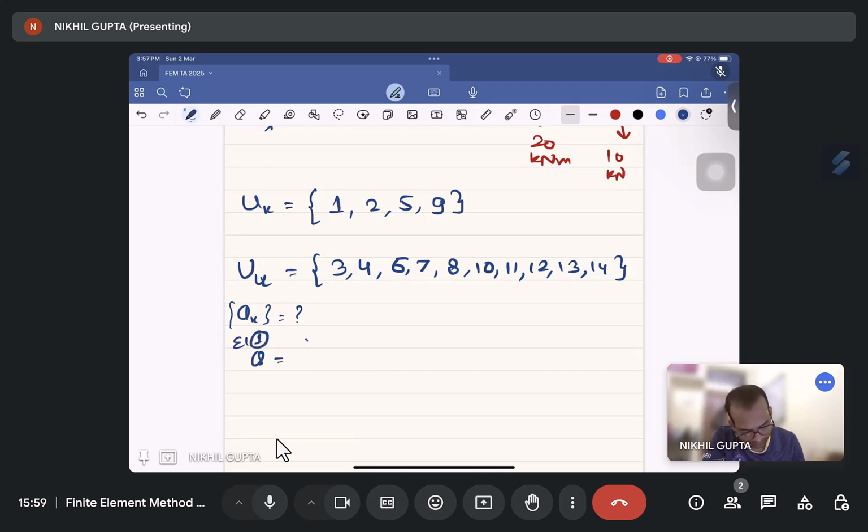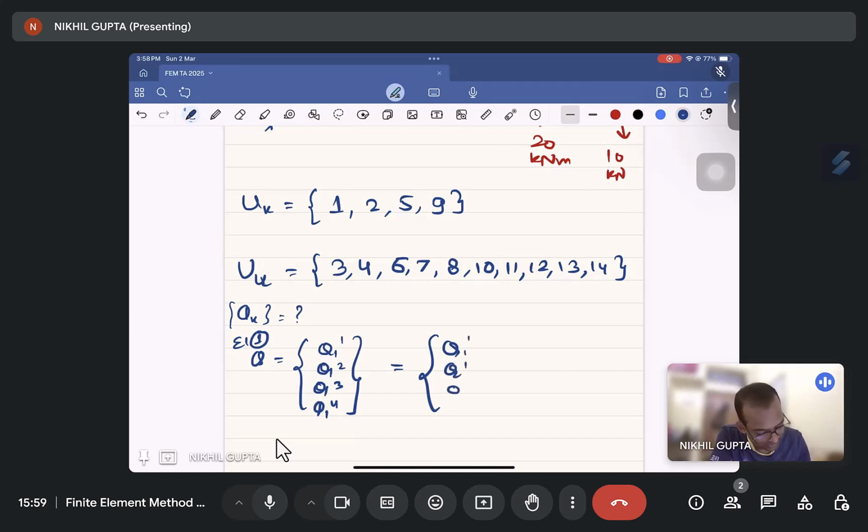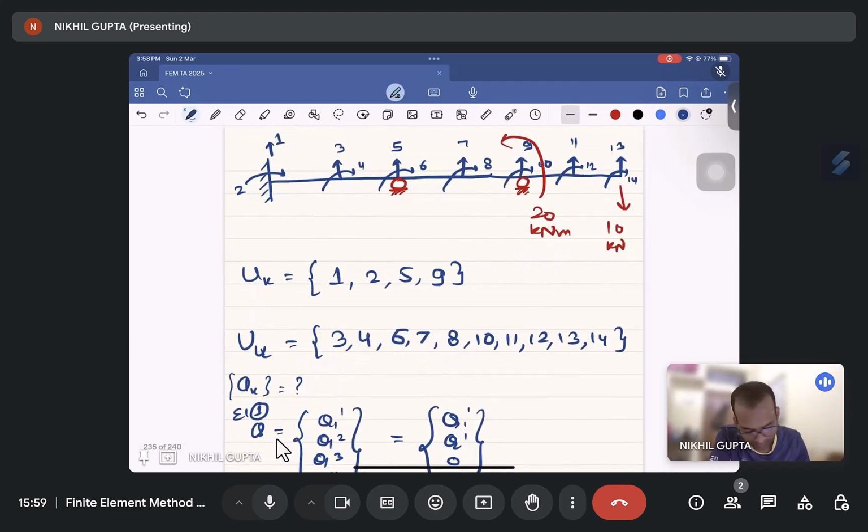Q will be Q1, and the degrees of freedom are 1, 2, 3, 4 based on the nodes. Then it will be Q1 dash, Q2 dash, which are the reaction forces, and the rest two are 0. We can see here there is no external force applied.